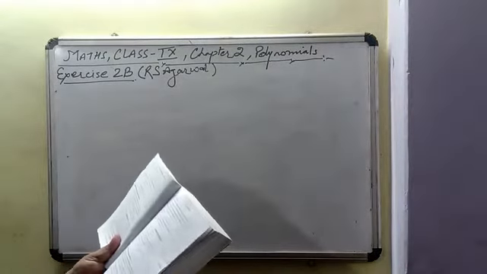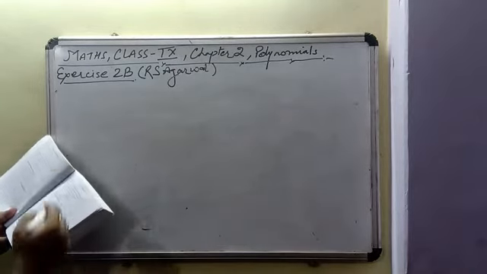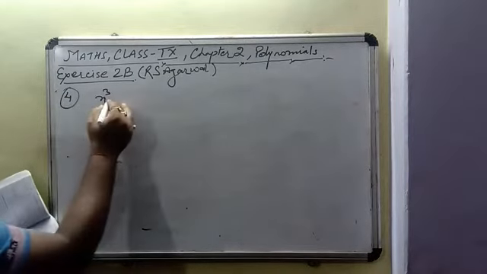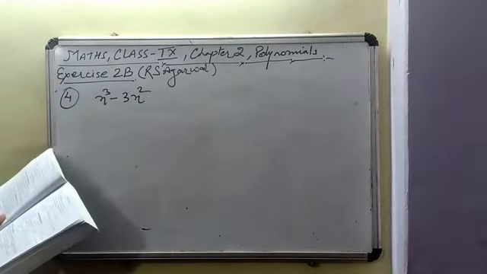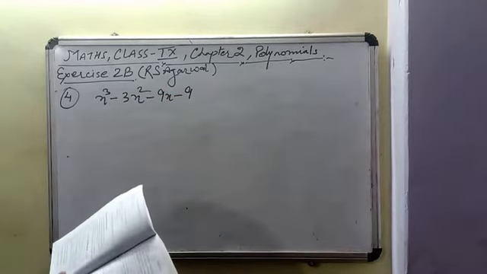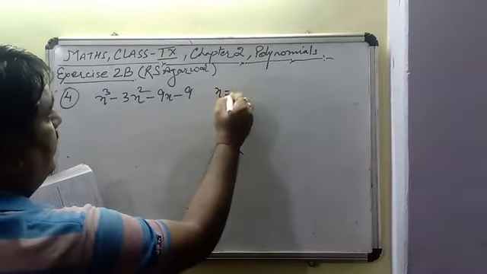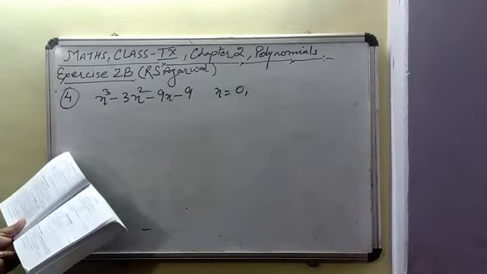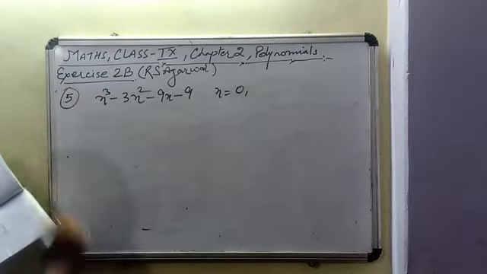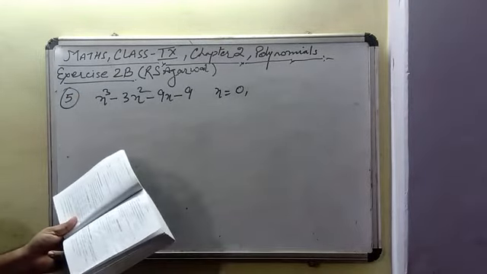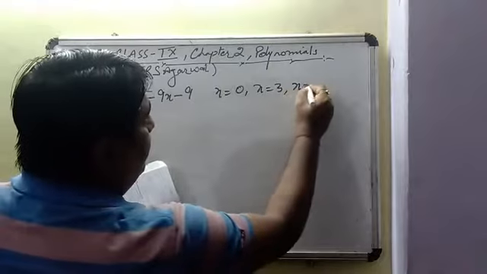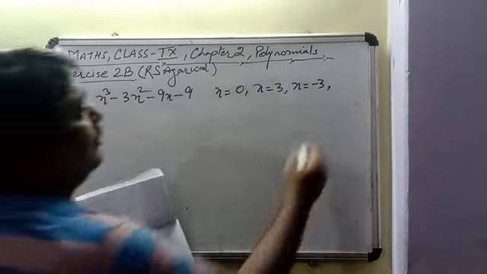Which is saying that there is a polynomial x cube minus 3x square minus 9x minus 9, and we have to put the values x equals to 0, x equals to 3, x equals to minus 3 and x equals to minus 1.